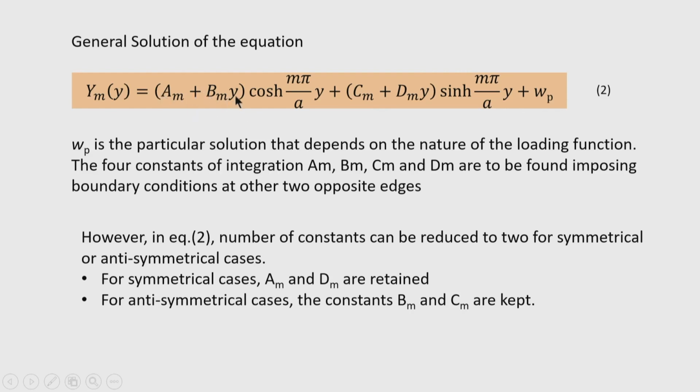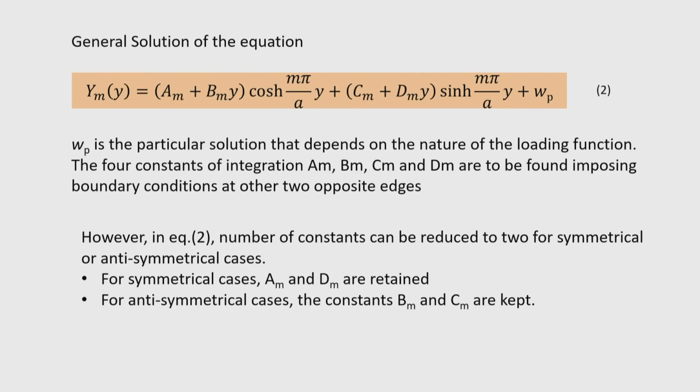You can note that y cosh(m pi y by a) is antisymmetric. Why? Because y is an antisymmetric function and cosh(m pi y by a) is an even or symmetric function, and the product of an antisymmetric and a symmetric function is again antisymmetric.